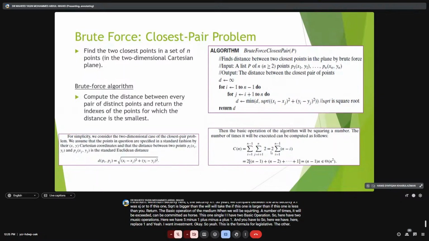So here we find the two points and compare their distance. If it is okay, we keep the value the same. Here we have this pattern 2 times (n minus 1), and so on, which gives n minus 1 to n. Here we take n minus 1.